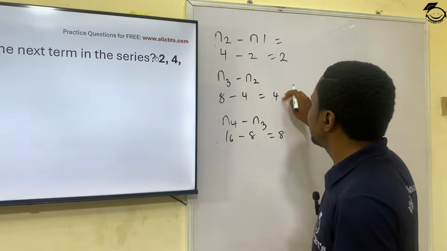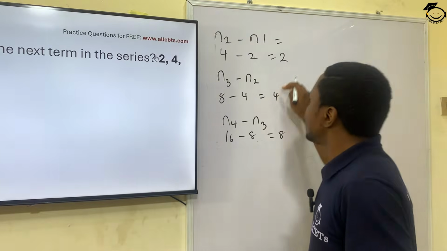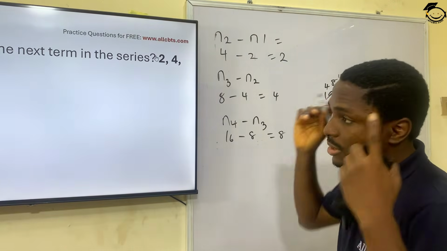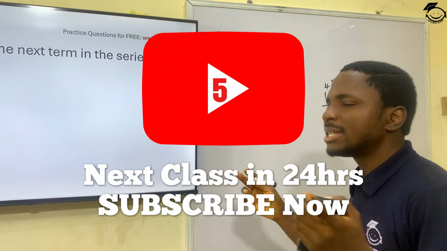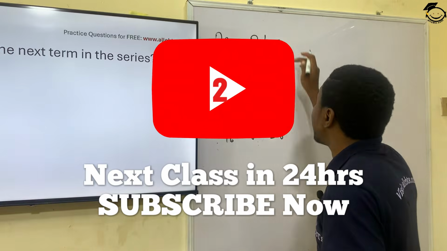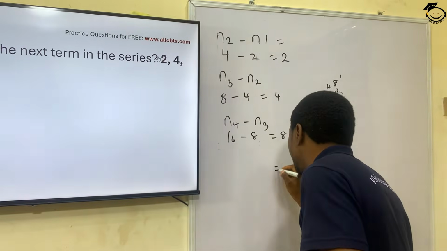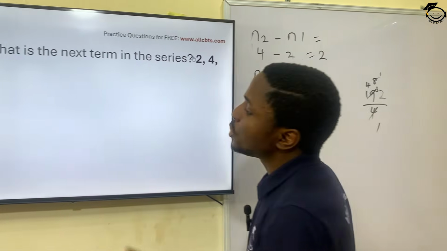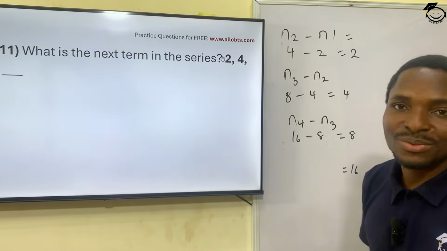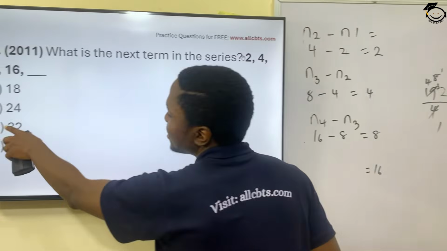So 2 times 2, 4, 4 times 2, 8. Logically, it's just smart to know that the next number will be 16, which will just be 8 times 2. So we definitely know that the next number will be 16. So 16 plus what we have here will give us 32, right? So the correct option is option C.